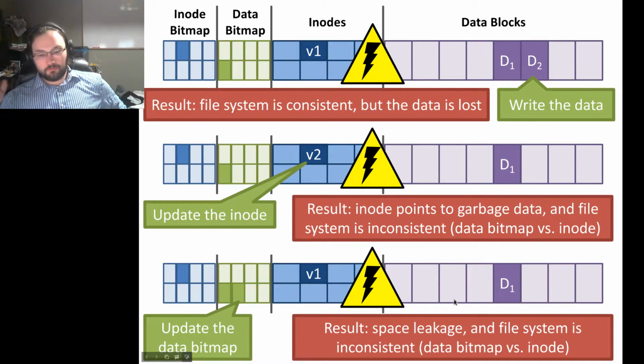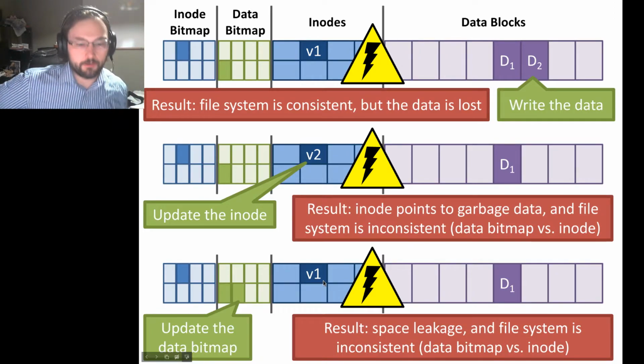All right, so in this case, it is bad, but it's not horrifying. We have updated the data bitmap, so now this block is taken, it's used, but we haven't updated the data, so we didn't actually write the data. We lost the data. And we also didn't update the inode.